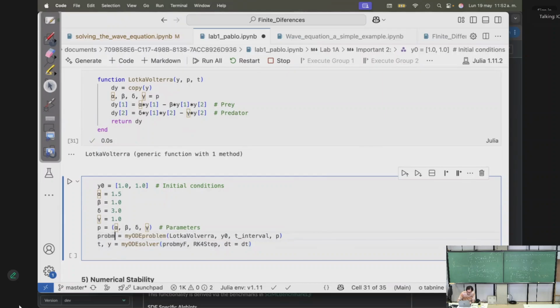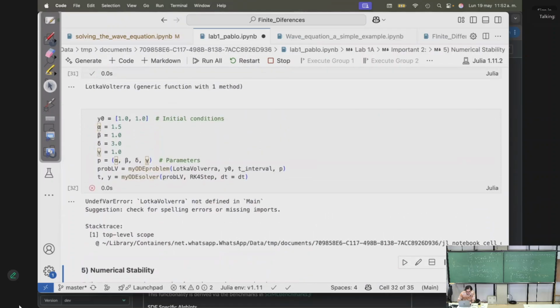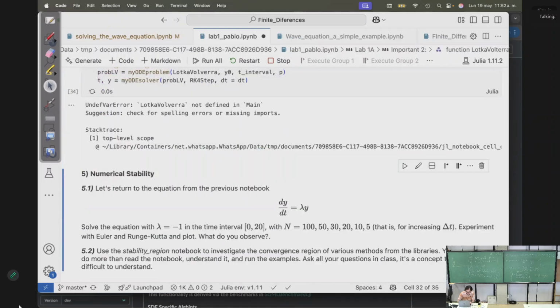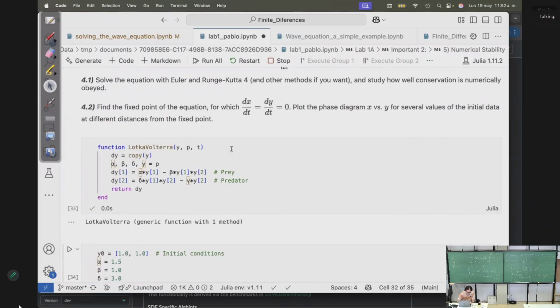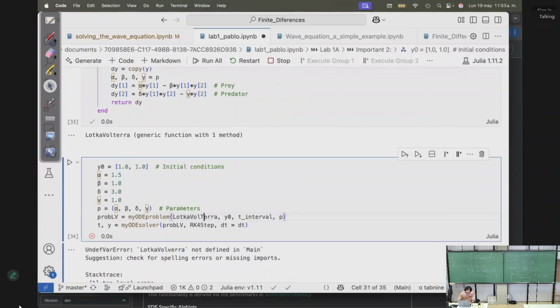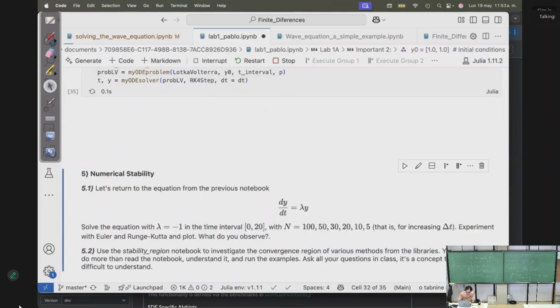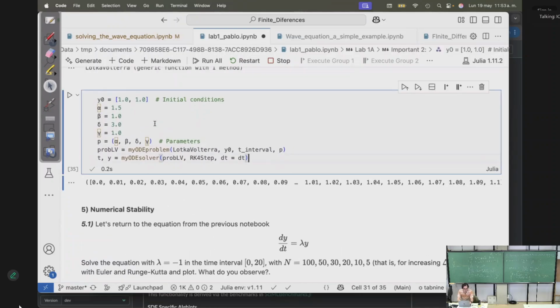Problem here, put Lotka-Volterra here. Okay, so it seems to have evolved.